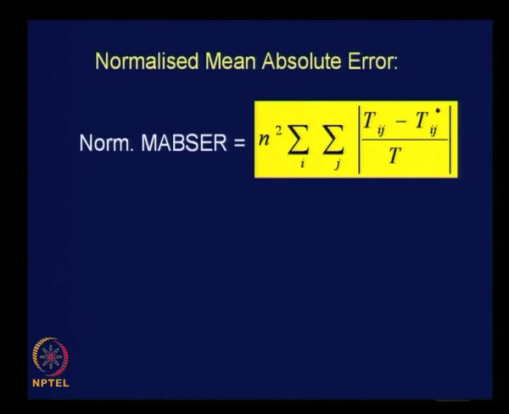Then there is another statistic used for the same purpose, comparison of two sets of data, which is named the normalized mean absolute error. Normalized MAPSER, that is how it is abbreviated, is equal to n square into sigma over i, sigma over j of the absolute value of Tij minus T star ij, whole divided by T. Of course, notation explanations are the same as we have seen earlier, there is no difference at all.